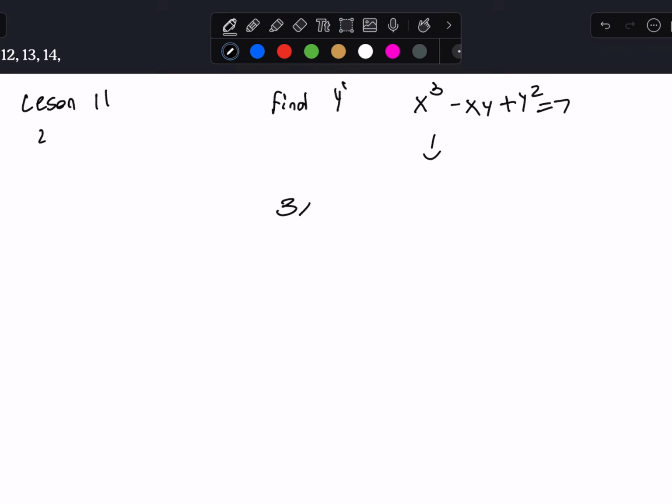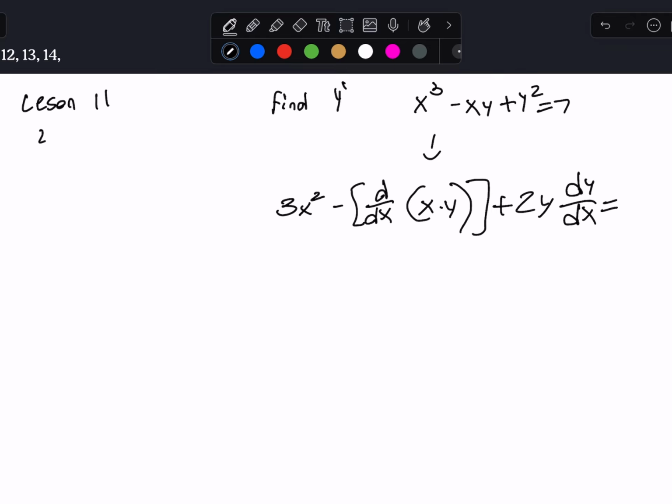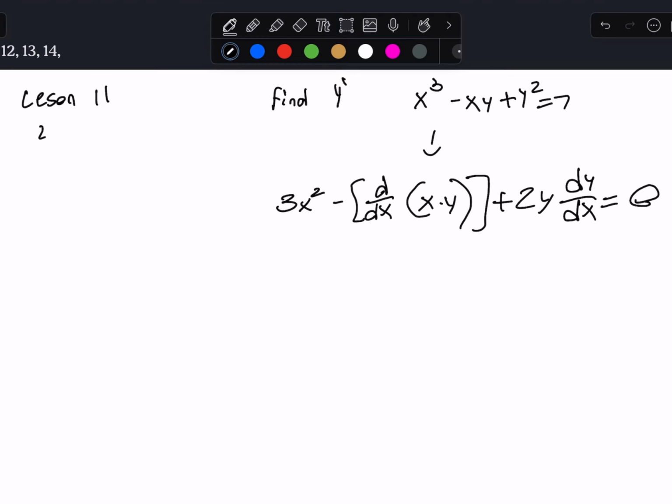So we're going to get 3x squared minus the derivative with respect to x of x times y, plus 2y times the derivative of y equals 0. So now we're going to develop this part of the equation.